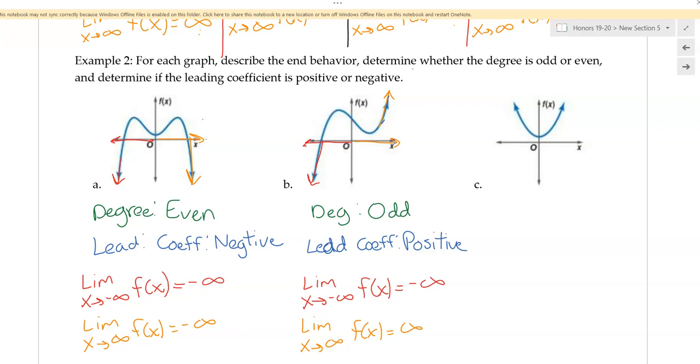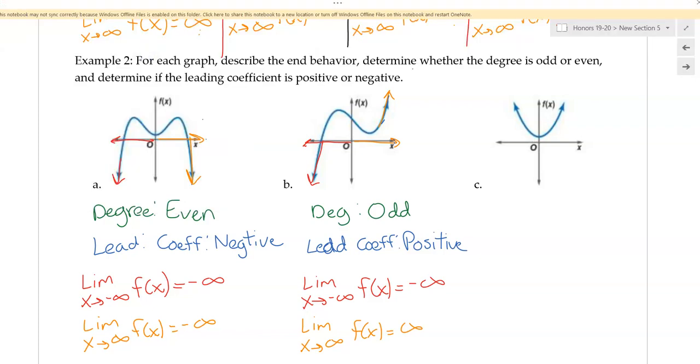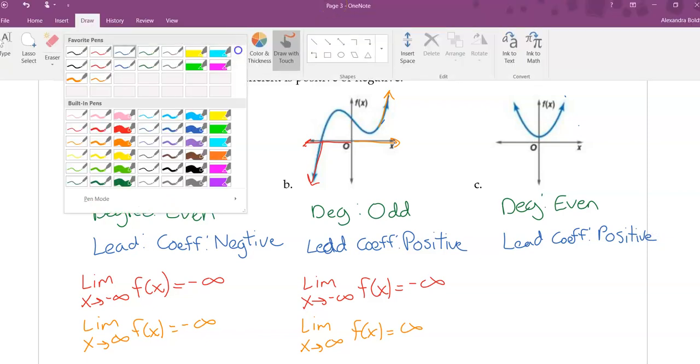Last one. Degree. They both are going the same way, so our degree is even. Our leading coefficient, well, the positive side is positive. Right? And then our end behavior.